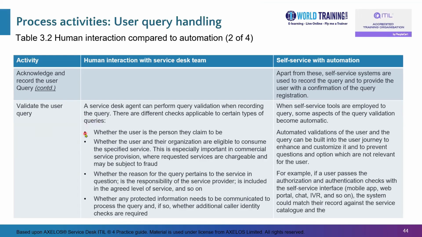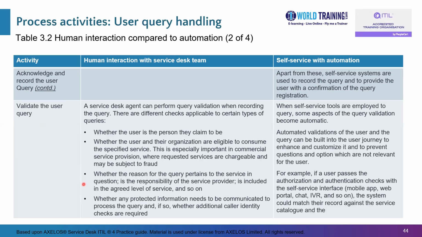For example, to check whether the individual is who they really are by asking for some identification, a number, or whatever, and whether the user is eligible to consume or request that service. It's possible that sometimes users who are not associated with a certain customer contract may make a request or provide queries, and those would not be serviced.